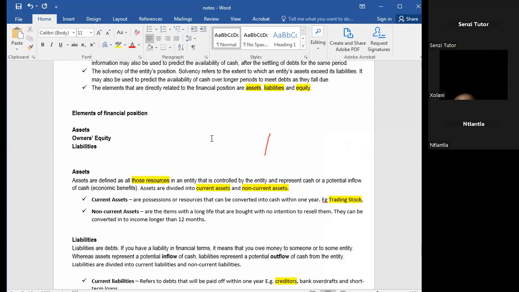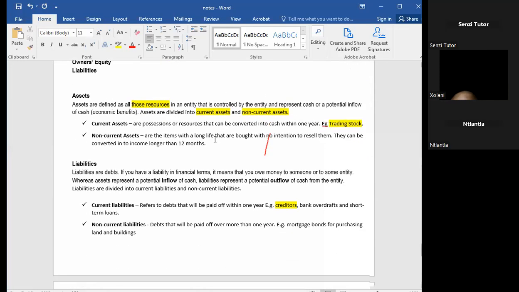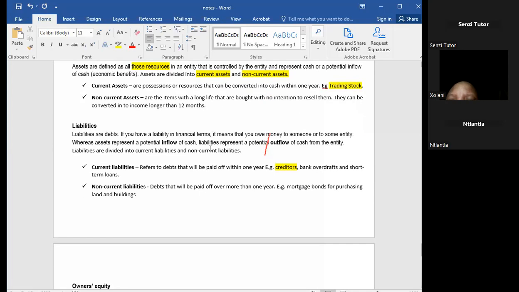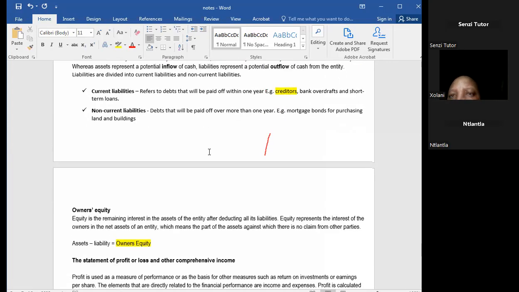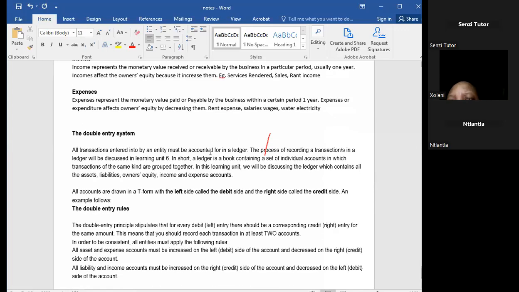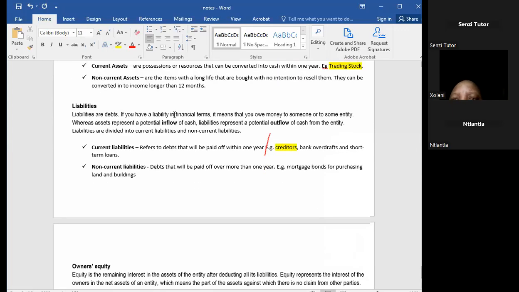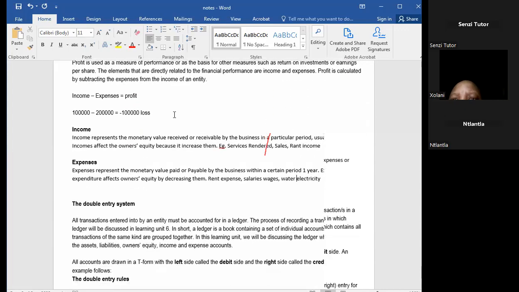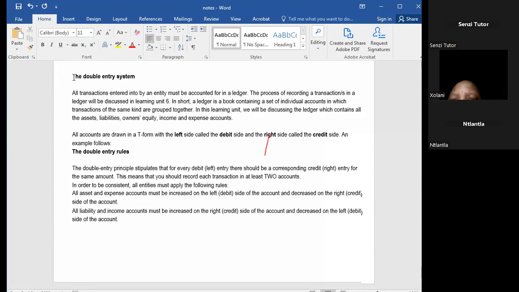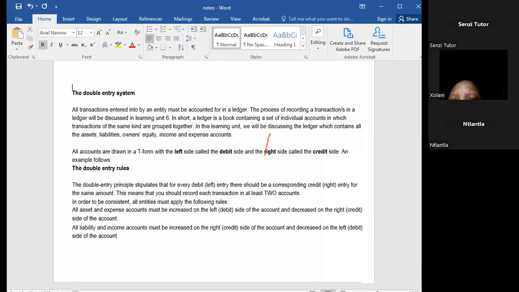Then we have done the resources or the elements that are attached. All right. Now let's look at the important thing right now, which is the double entry principle.